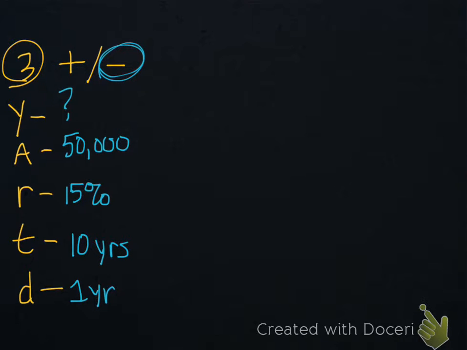So we're looking for y. Did we get all of our keywords? Depreciates means it's a minus. The 15%, yep, I should have written that as 0.15. 50,000 was our start, and we have 10 years. Okay, let's plug it all in.